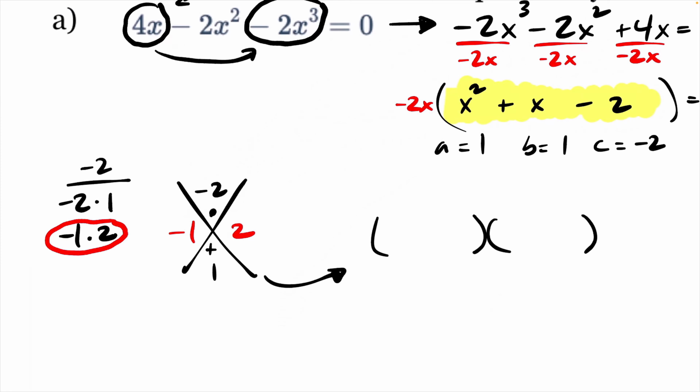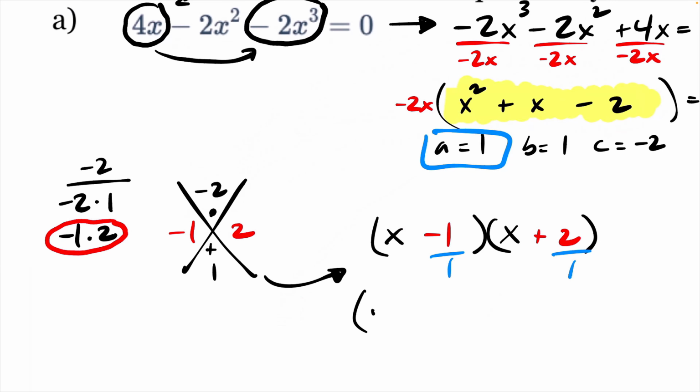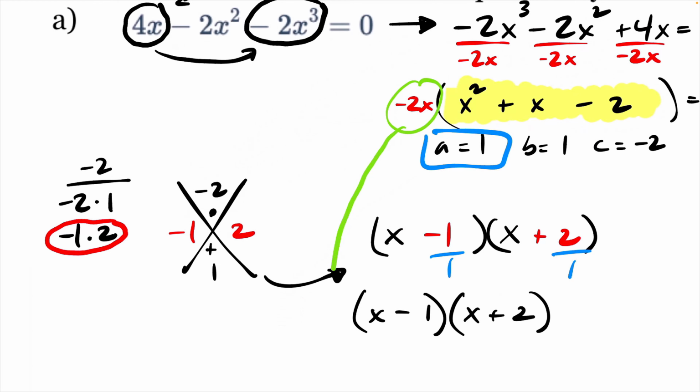Okay, so negative 1, positive 2, x and x, divide by a. Don't forget to bring down your GCF.